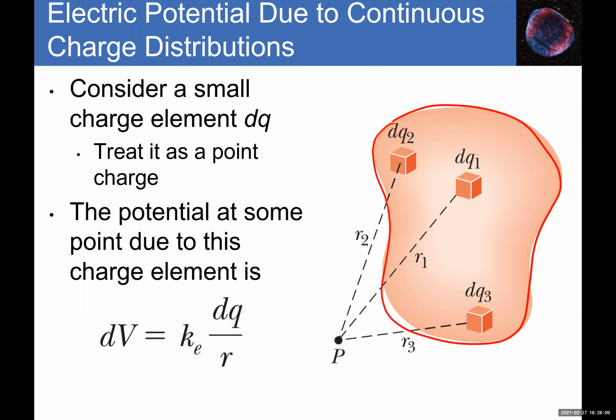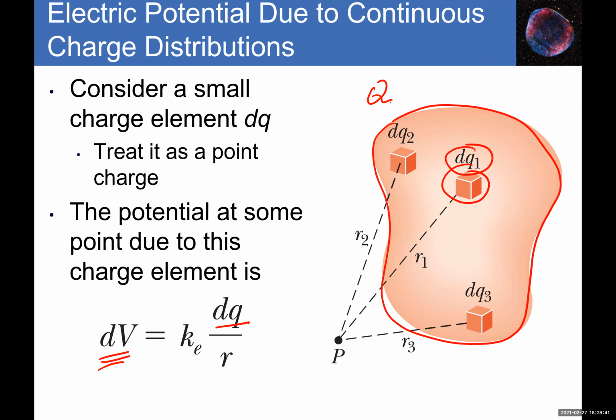Then what we do is take just one sample element from this object, and at some point p, the small element will give us a potential, dv. So dv is only the potential due to this small element, and it equals k dq, because the small element has only a charge dq.